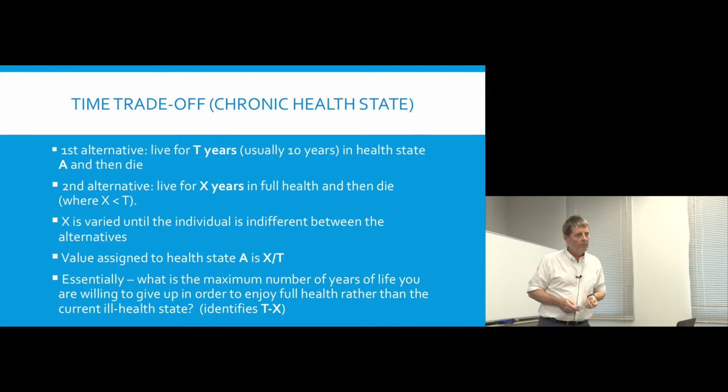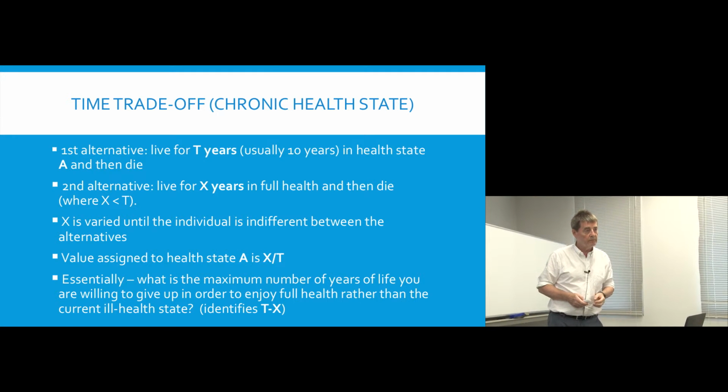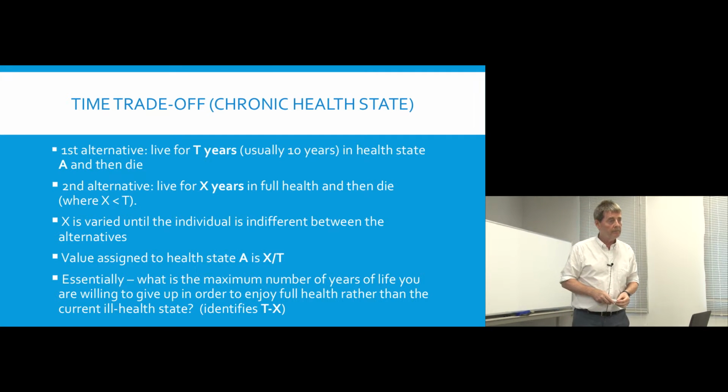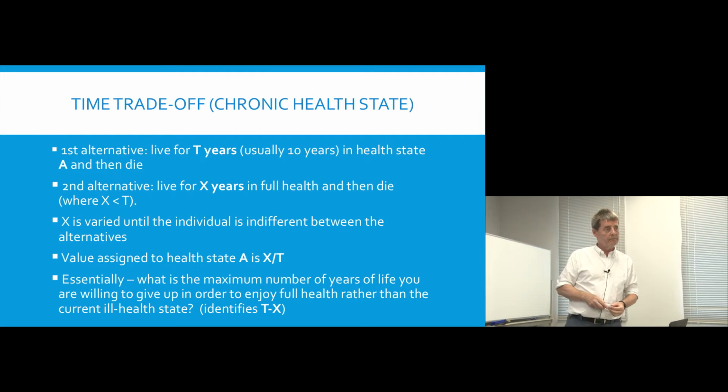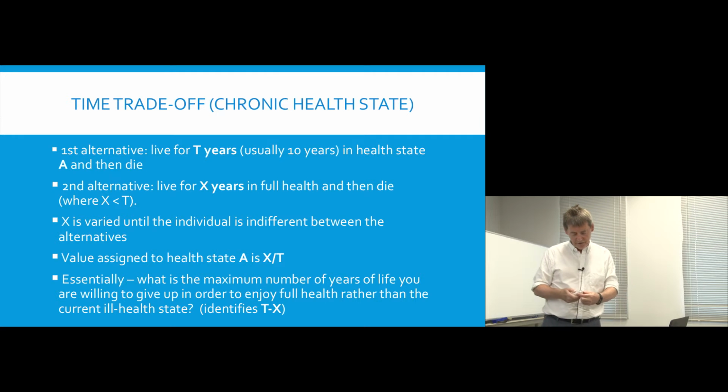And then let's suppose you're going to live in that status for 10 years, and would you like to trade off that 10 years for living in full health, say, for 5 years or something like that? Is that how you proceed? Yeah. Wow, so you demand a lot of imagination for people to imagine. Yes, definitely.